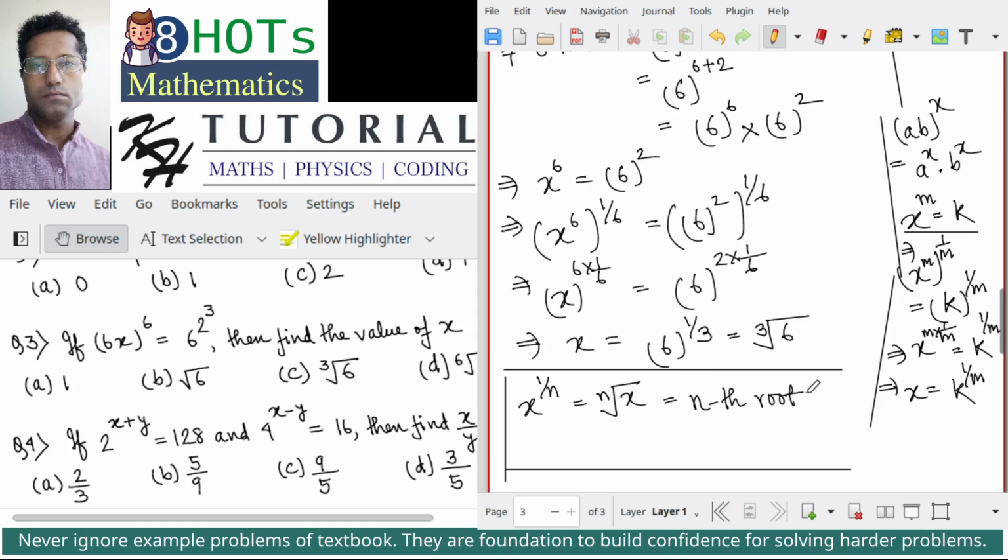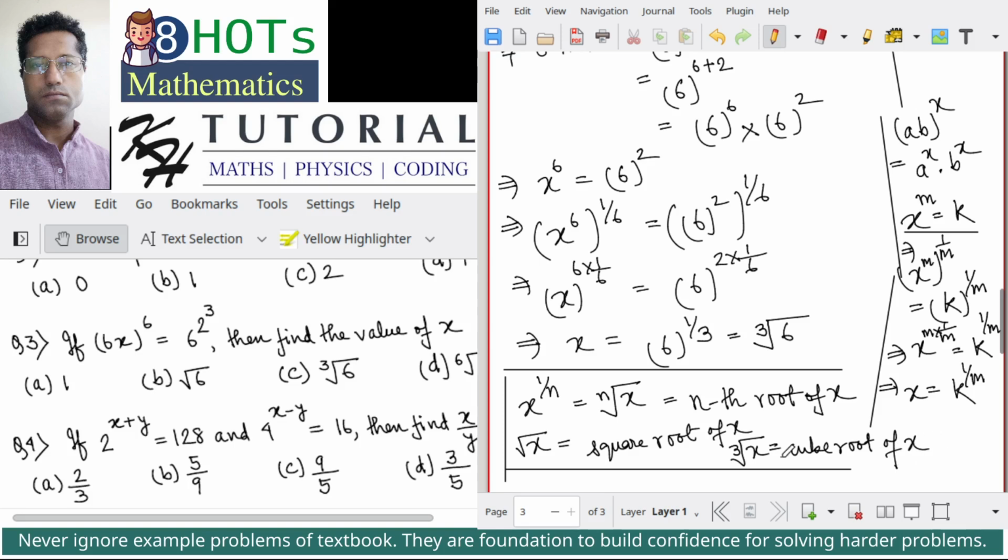Just like if there is no n, this means a square root. This is the square root of x. And if you have 3, this is the cube root of x.